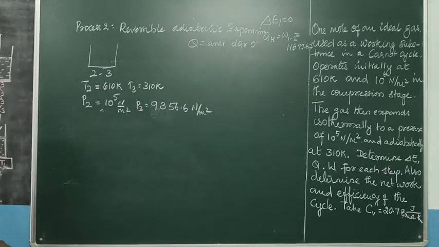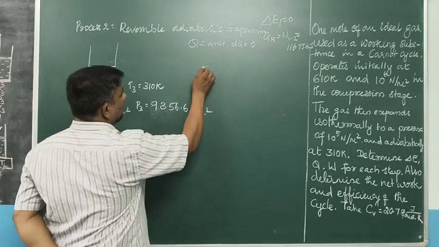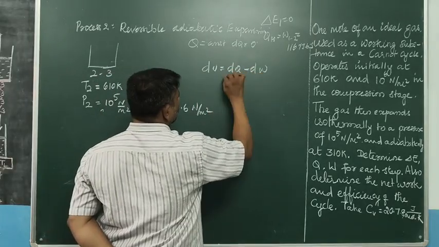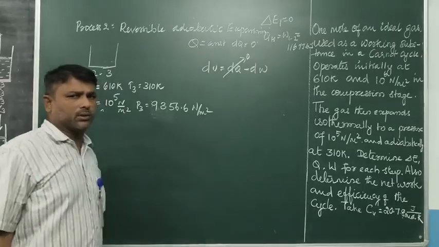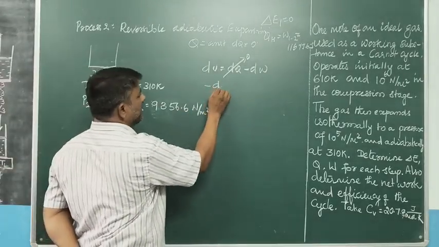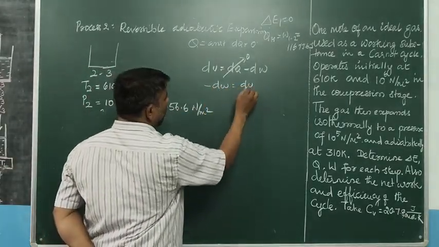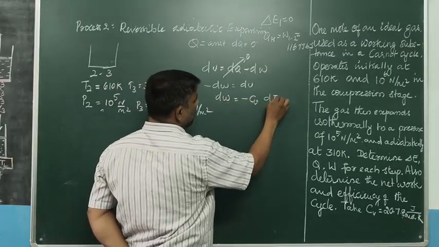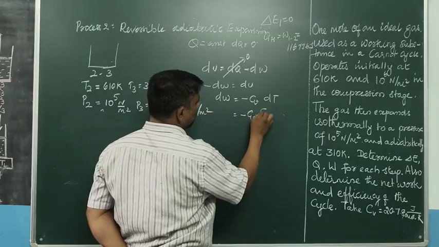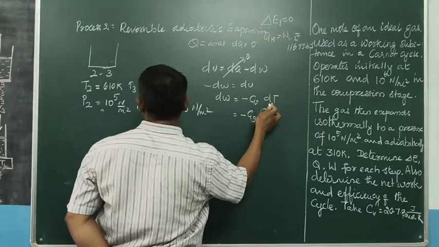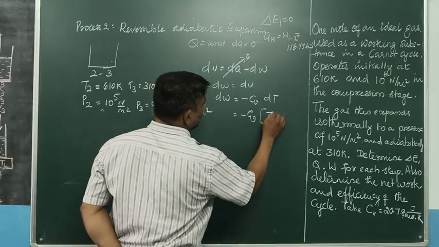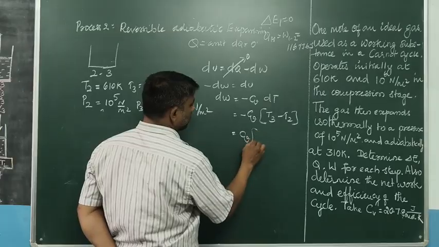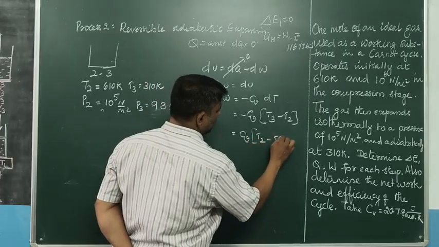Okay, the first law of thermodynamics for non-flow process, du is equal to dq minus dw. dq, changes in heat content, is equal to 0, so minus dw is equal to du, or dw is equal to minus Cv into dT. On differentiation, minus Cv into final temperature minus initial temperature, that means T3 minus T2. Hence I am going to write like this, T2 minus T3.